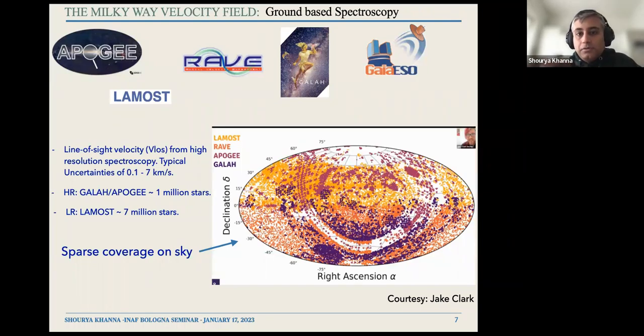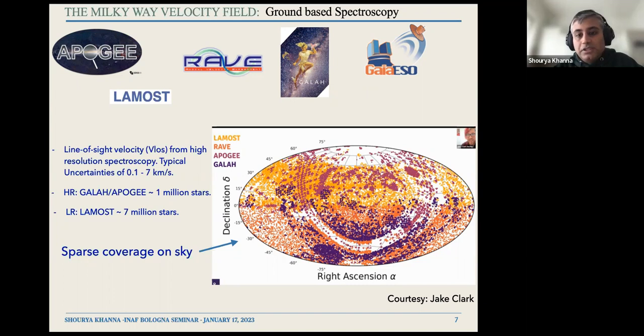But even if you put all of those numbers together, for the highest resolution spectroscopic surveys, we still have only about a few million stars at most, for which you have crucially the chemistry from these surveys, but also the line of sight velocities, which of course go down to precisions of almost 0.1 kilometers per second in the high resolution case. But typically we have about 6 to 7 million sources for which you have this information.